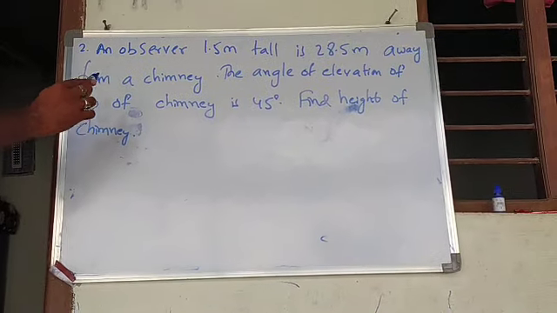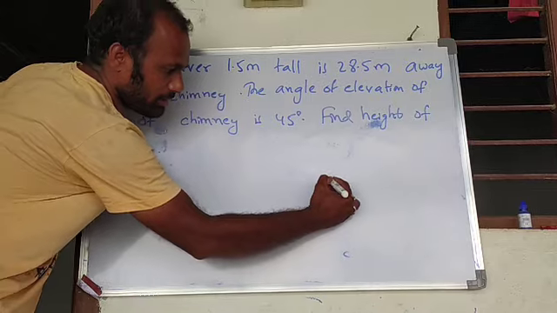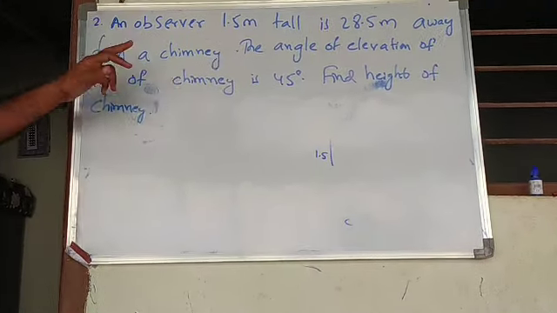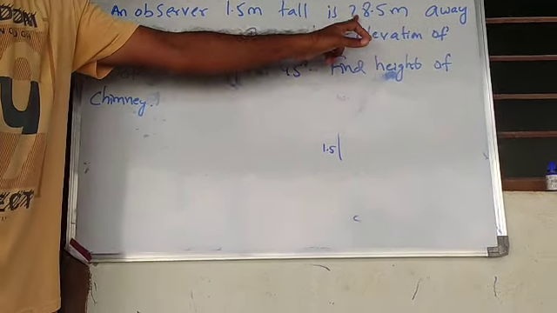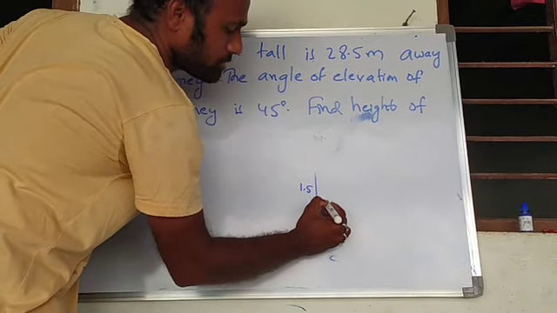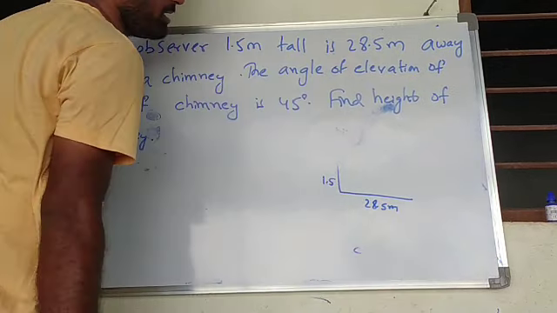The next question: an observer 1.5 meters tall. So let us draw an observer here. This observer is 1.5 meters tall. An observer 1.5 meters tall is 28.5 meters away from the chimney. So if you observe here, this observer is 28.5 meters away from the chimney.